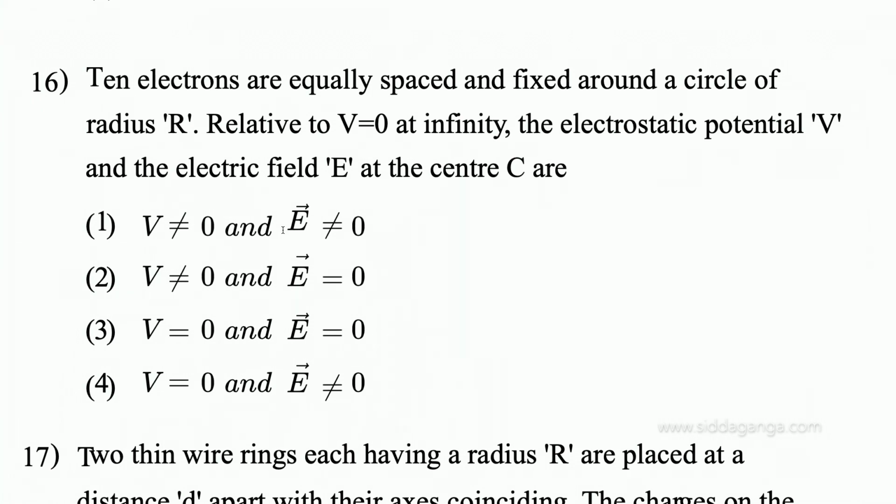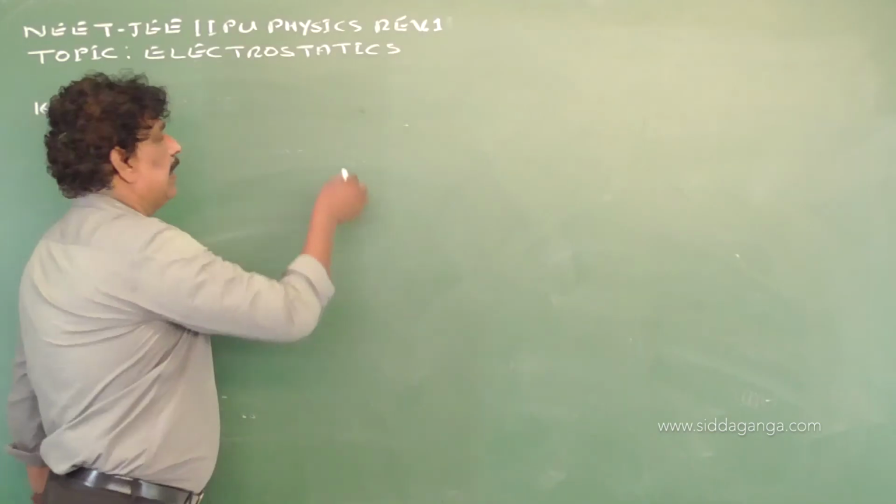Question number 16. Ten electrons are equally spaced and fixed around a circle of radius r. Relative to V equal to 0 at infinity, the electrostatic potential V and the electric field at the center C is?